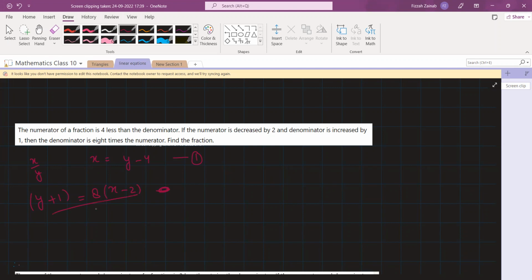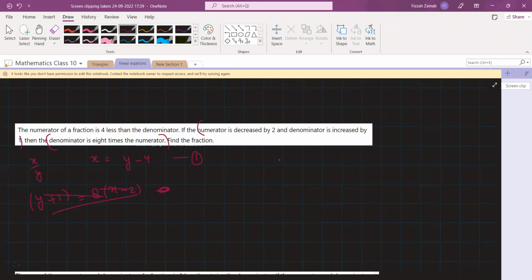No, ma'am. Okay, see, the first equation is right, okay? If the numerator is decreased by 2 and the denominator is increased by 1, if this condition is followed, then what happens? In that case, the denominator is 8 times the numerator.